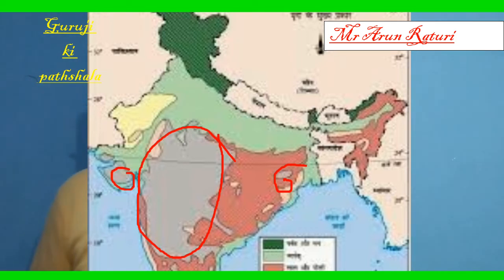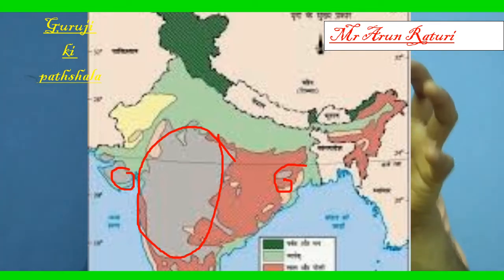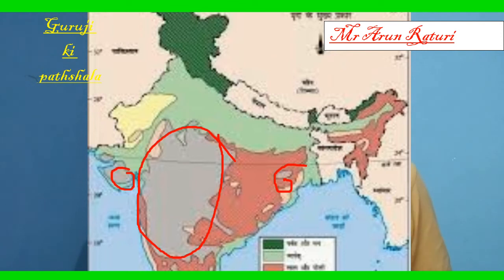Another name of this black soil is Regur soil. It is very good for growing sugarcane and groundnut. And I forgot, cotton is also an important crop of this type of soil. So sometimes it is also known as cotton soil.